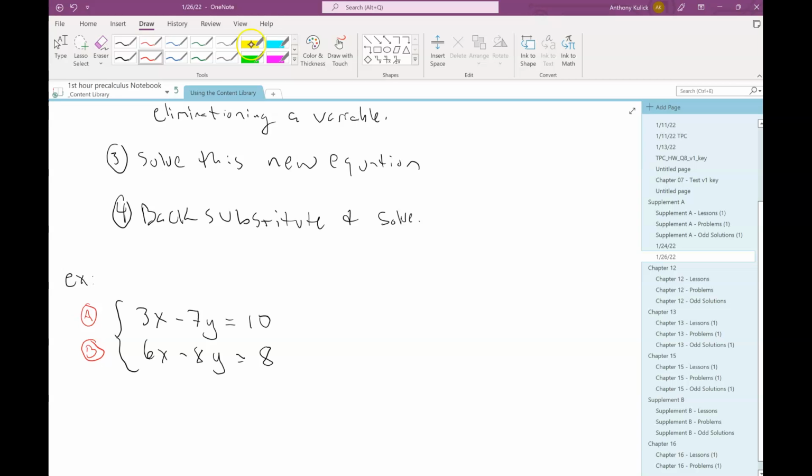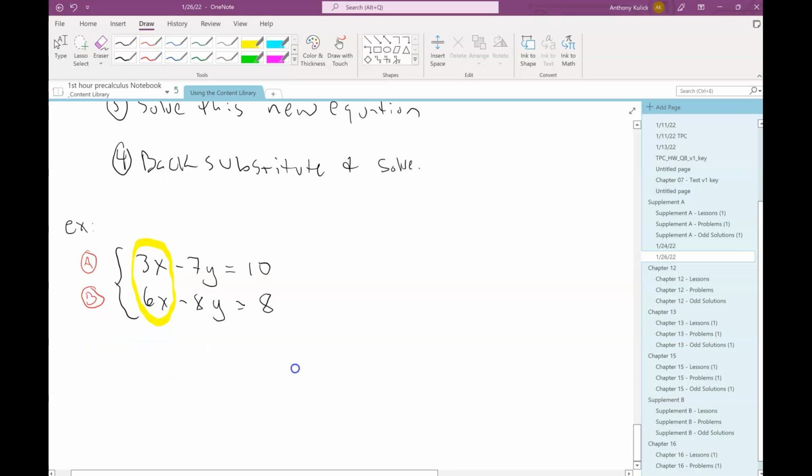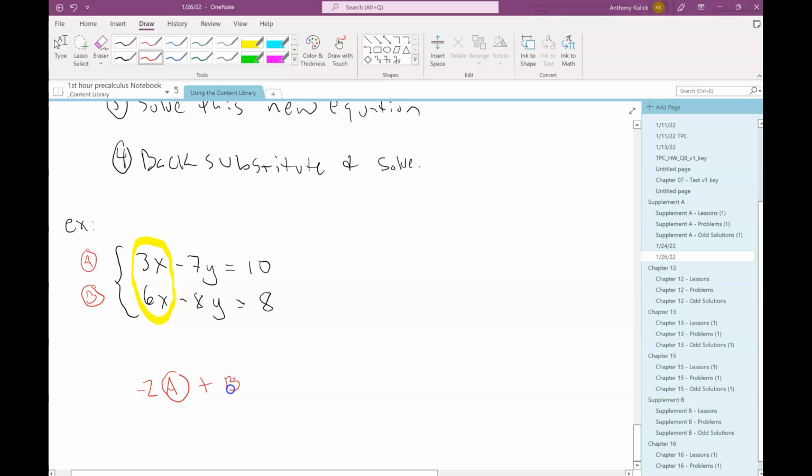So if I say maybe I want to try to eliminate the x's, I notice that if I multiplied equation A by -2, then the coefficients on the x's would be opposite. So one thing I could do is -2 times equation A and then add it to equation B.